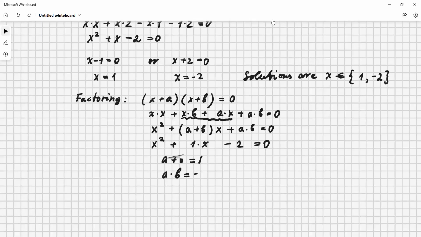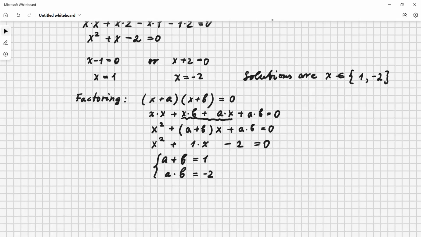So a plus b equals 1, sorry, a multiplied by b equals -2. Think about two numbers which satisfy this.